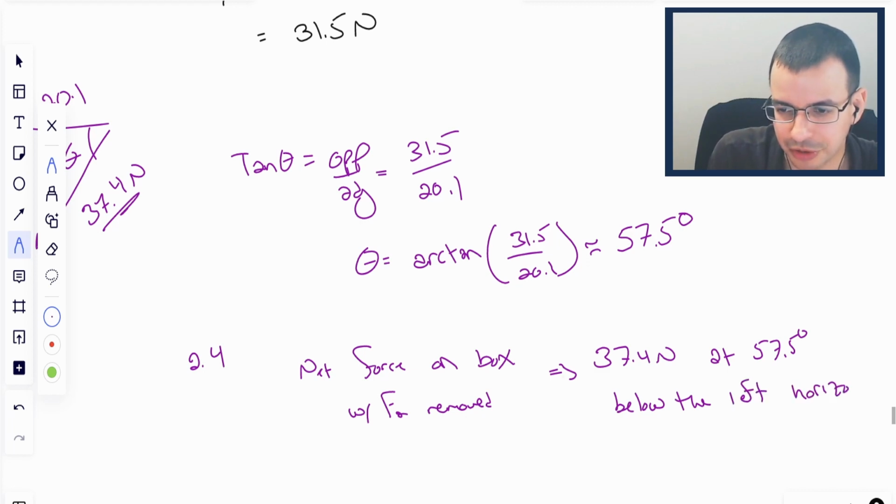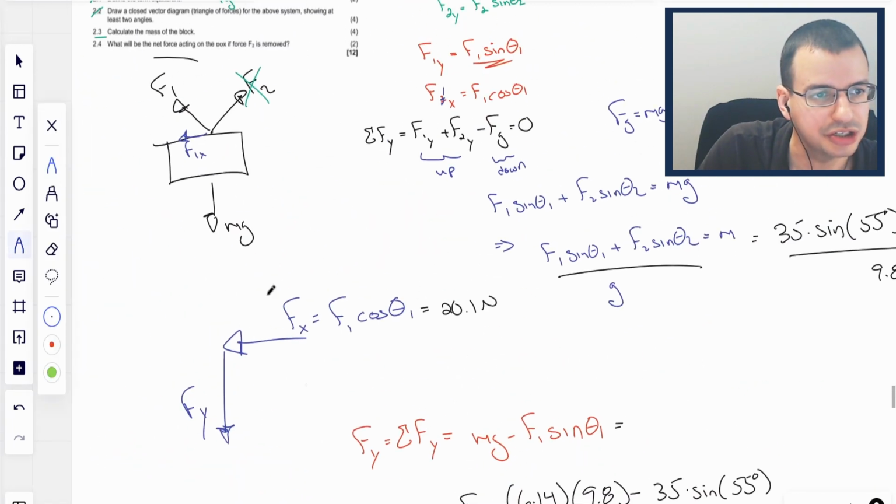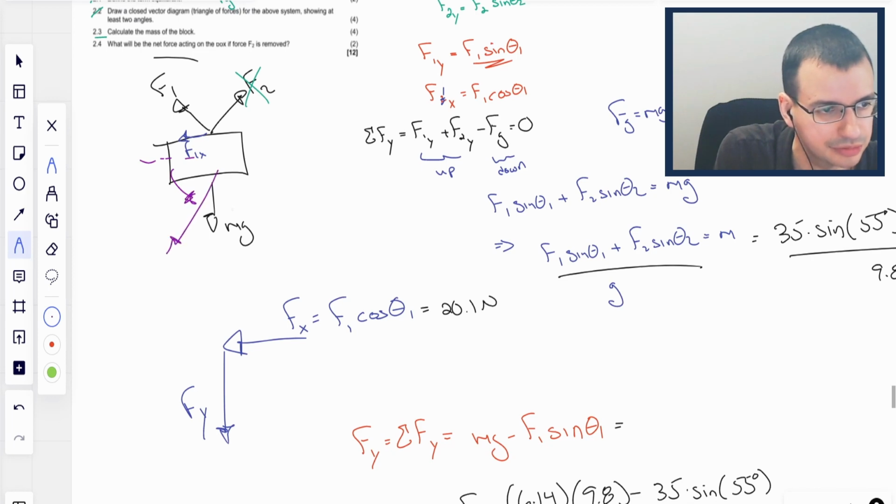I know, left horizontal feels like a weird way of describing it. It kind of is. What I'm trying to describe by that is left horizontal, that angle right there.